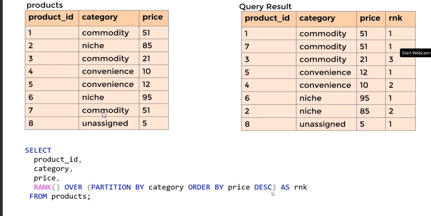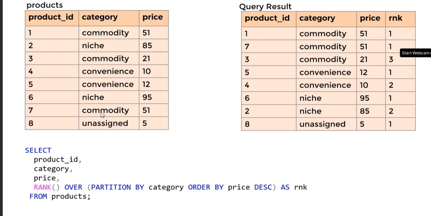We can see that this is the case for product ID 1 and 7, which are both in the commodity category. These both have a price of $51, which is the highest price of the commodity category, so they both get a rank value of 1.